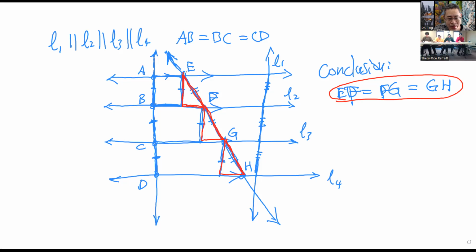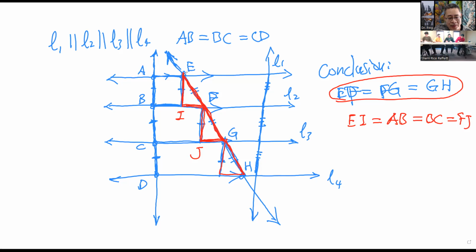Now, if we pick this one, let's pick this one and that one. Let's call this one A, B, C, D, H, I, and J. So we know EI is equal to AB, but AB is equal to BC, and we know BC is congruent to FJ.